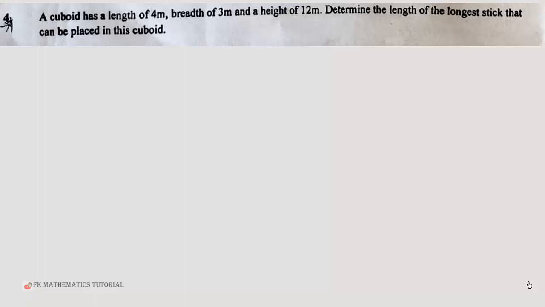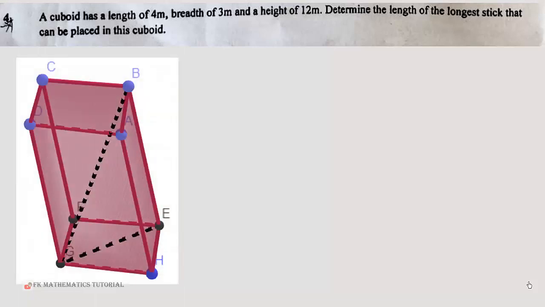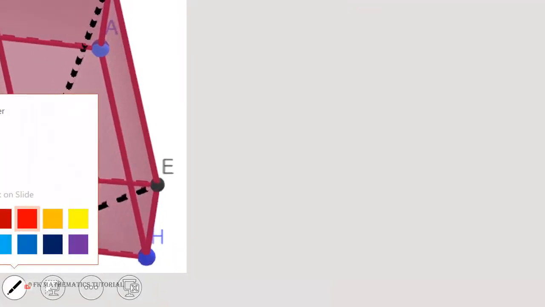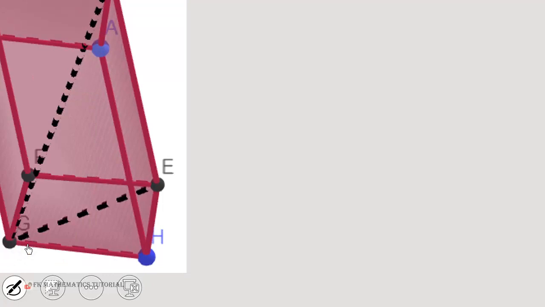So let's have this illustrated in the picture, as you can see in the diagram. So we have some sticks that are placed in the cuboid. You can see that the cuboid has a height of 12 meters.